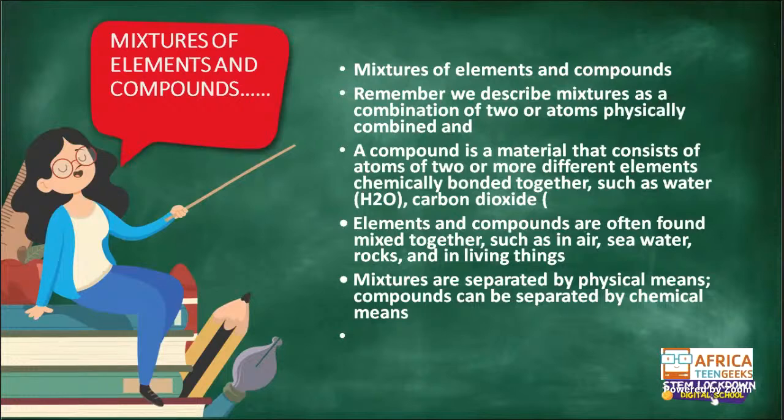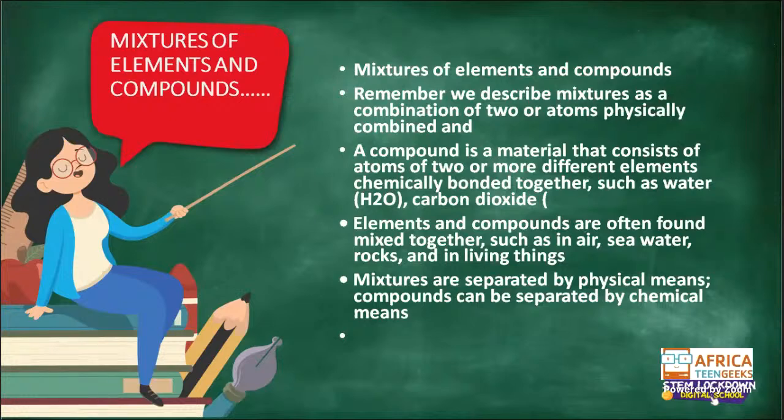Now, for example, if we look at air, we know that carbon dioxide is a compound, but it is also mixed up with oxygen, nitrogen, dust particles, and other substances. So when we talk of mixtures of elements and compounds, what we are simply saying is that elements and compounds can be mixed together.